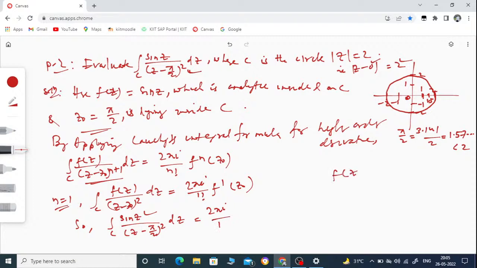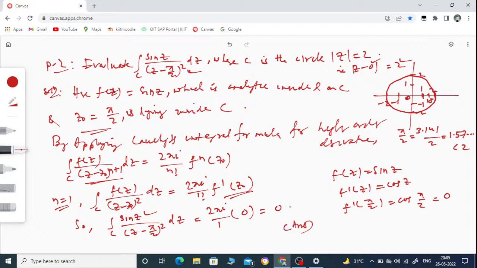Your f of z is sin z, so f dash z will be cos z. Z naught is pi by 2, so f dash pi by 2 will be cos pi by 2, which is cos 90, and that is 0. So this thing times 0 will be 0. This is your answer.